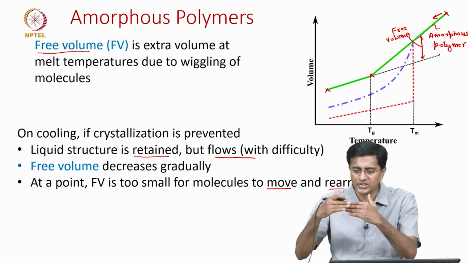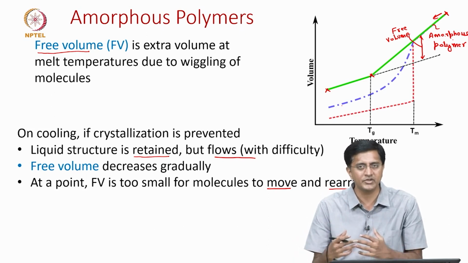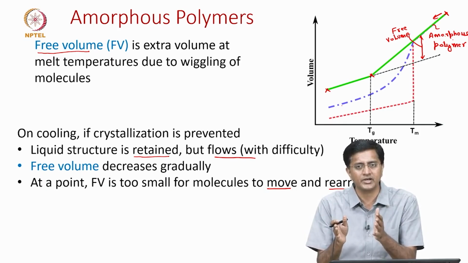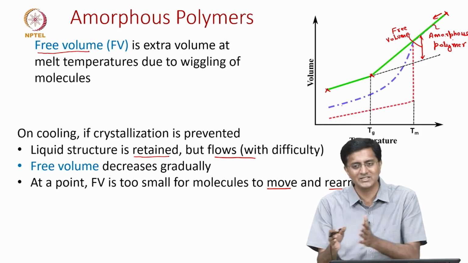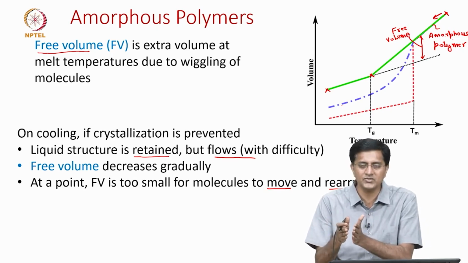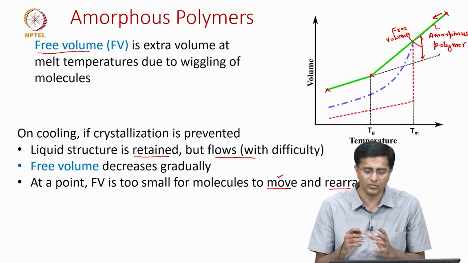Once this extra free volume is very limited, it is almost like a traffic jam. Once the vehicles are closer and closer, the chance of a traffic jam is high, because there is very little space between the vehicles. The same here: since there is very little space between the molecular chains, there is a hindrance to the movement of these molecules.